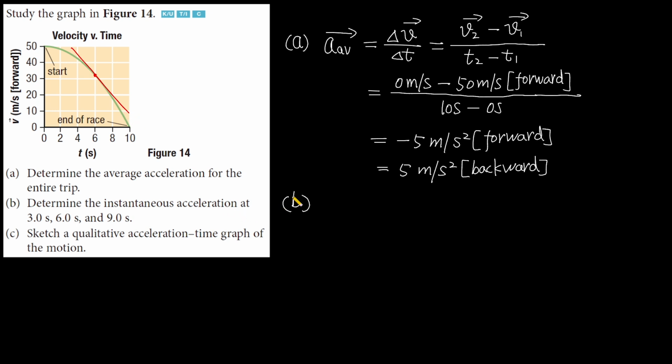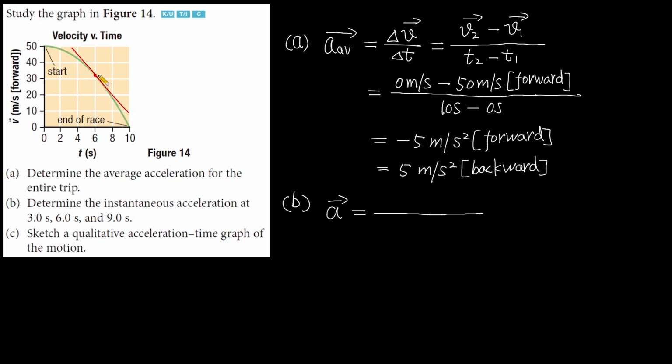I just show how to find the instantaneous acceleration at 6 seconds, and the way to find the instantaneous acceleration at 3 seconds and 9 seconds are the same. So for the 6 seconds, I already draw the tangent line at 6 seconds. The acceleration at 6 seconds equals the slope of the tangent line at 6 seconds.